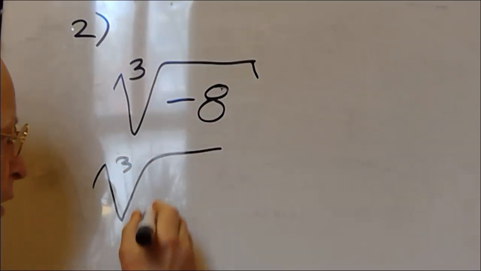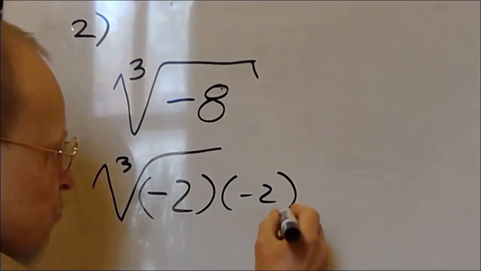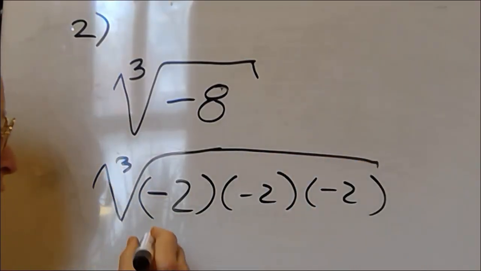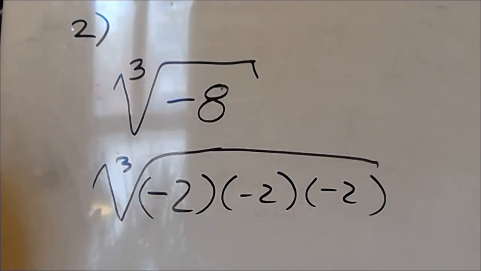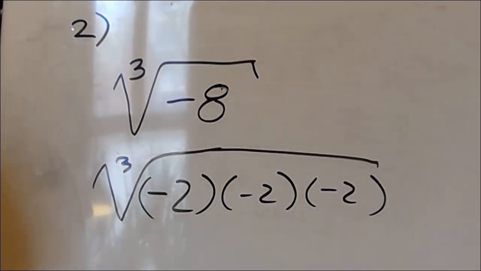We're going to break that up into 2 times negative 2 times negative 2. Negative 2 times negative 2 is positive 4, and positive 4 times negative 2 gives us back our original negative 8. So that actually works fine.